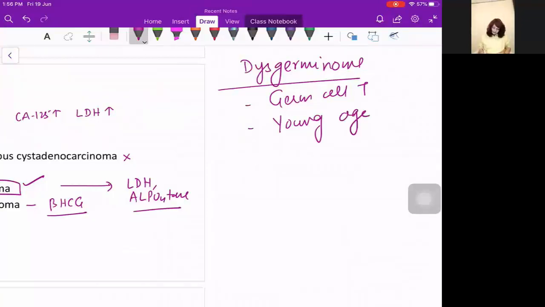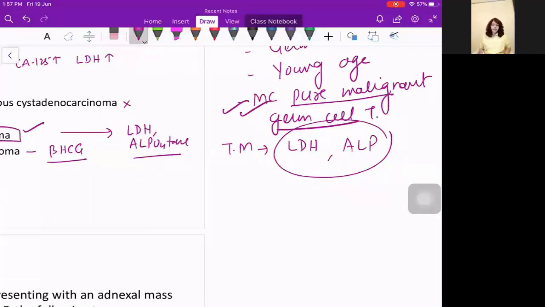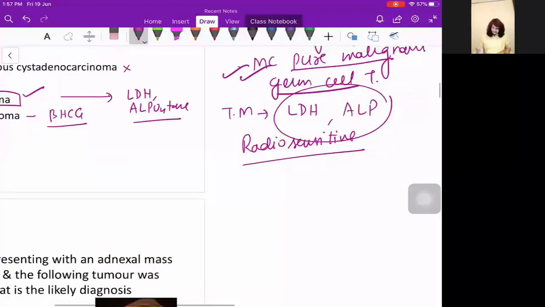Dysgerminoma is the most common pure malignant germ cell tumor of the ovary. Mind it, pure malignant. The tumor markers it secretes are LDH and alkaline phosphatase, where LDH is given as the hint, and this tumor is radiosensitive.